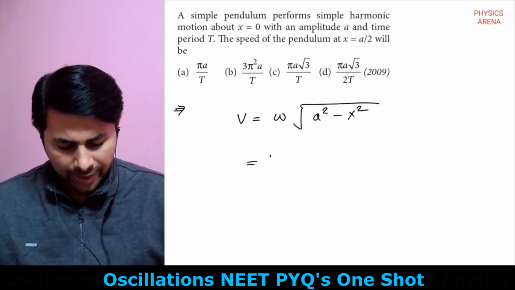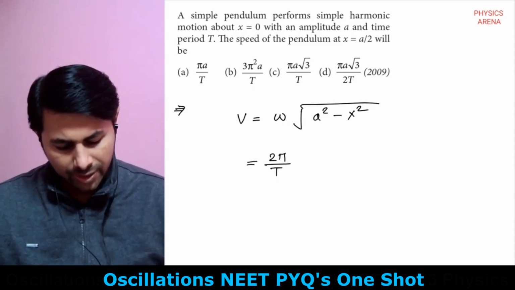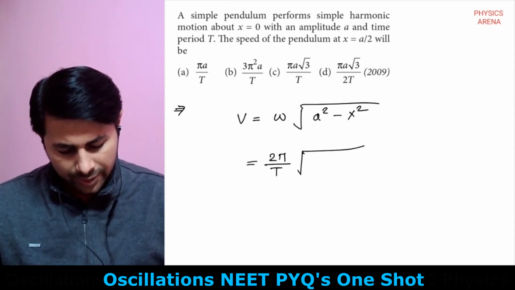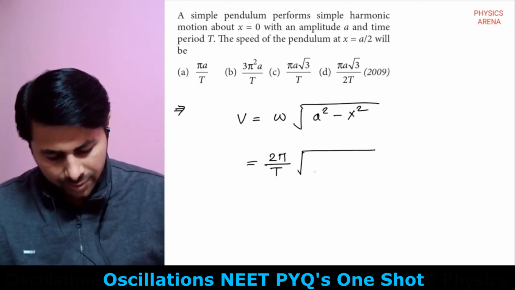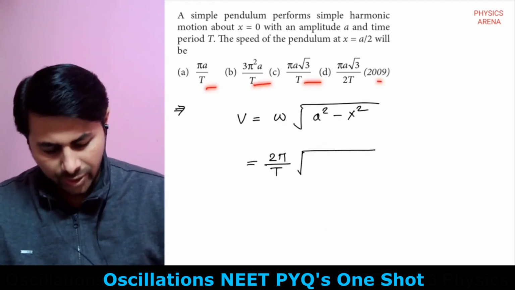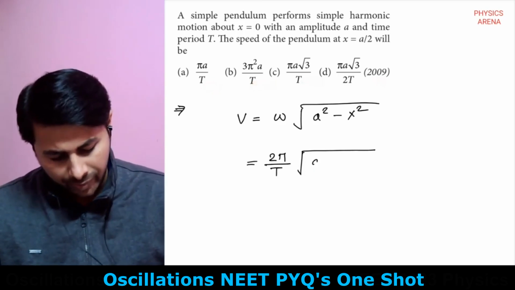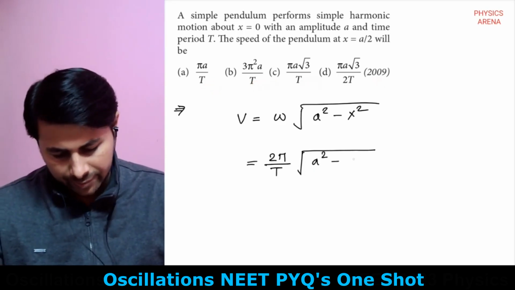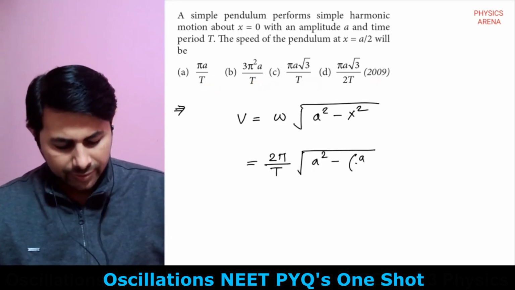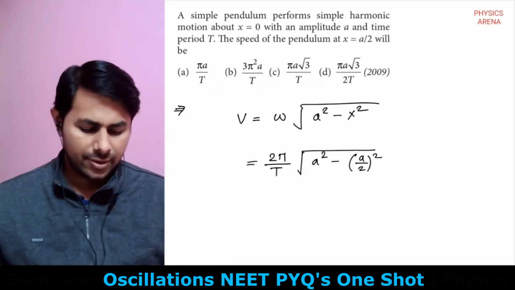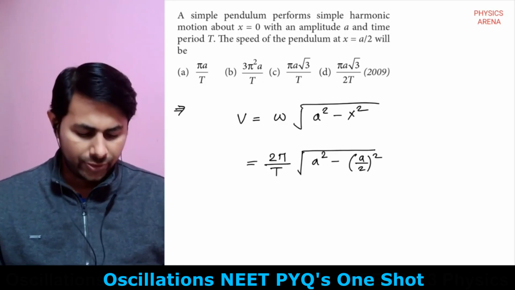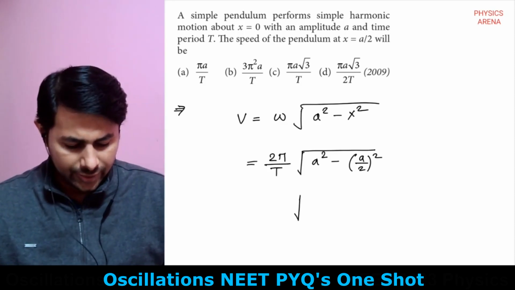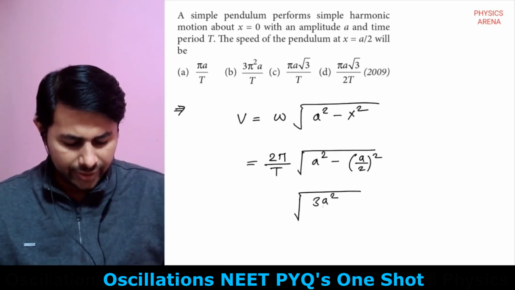Omega can be written as 2 pi upon T, and x is A by 2, because there is T in all the options. So a square minus x square, which is a by 2 square, so it is a square minus a square by 4. So it is 3a square by 4.